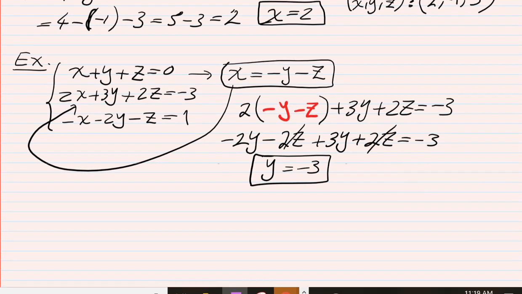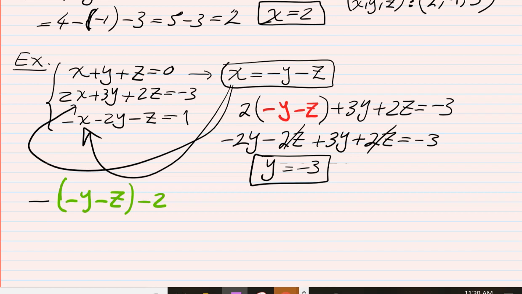Okay, and then let's substitute for x now in this equation and see what happens. So here we're going to get negative x, but x is negative y minus z. Okay, and then negative 2y, negative z equals 1, and this distribute makes it y plus z, negative 2y minus z equals 1.